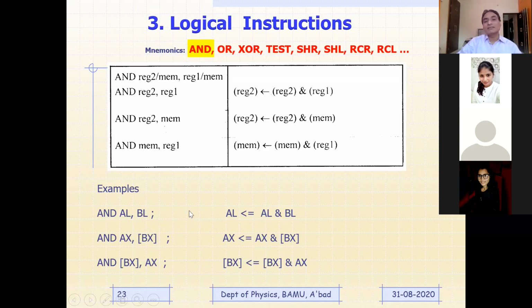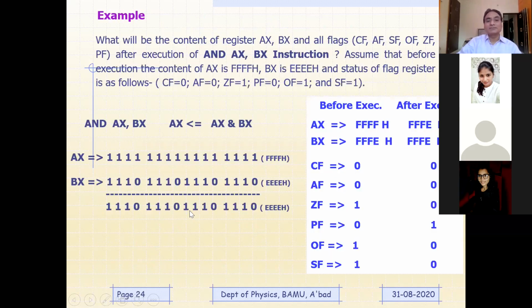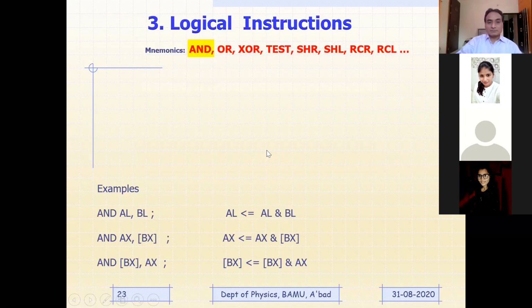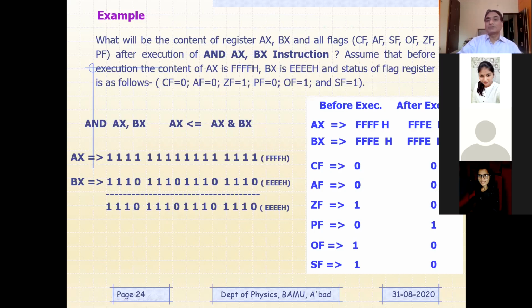Okay, now let us take one example. Remember, you are going to have this kind of example in the examination, so you need to remember it.